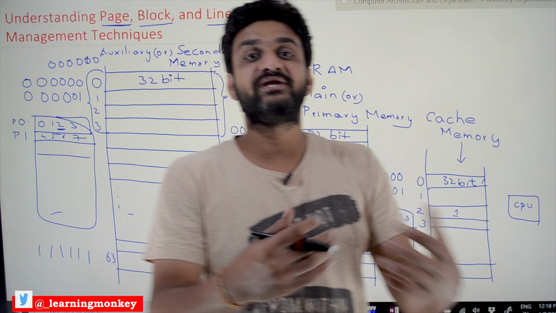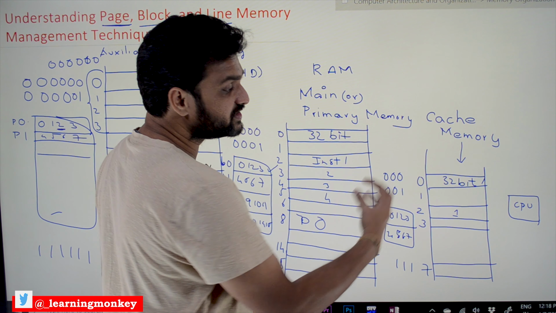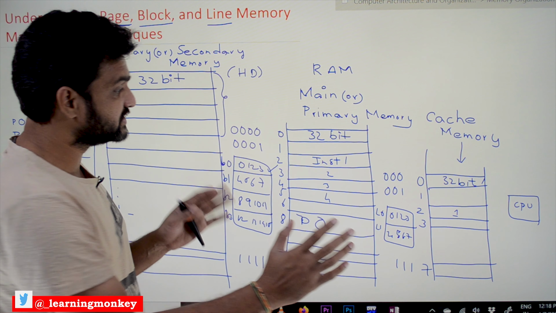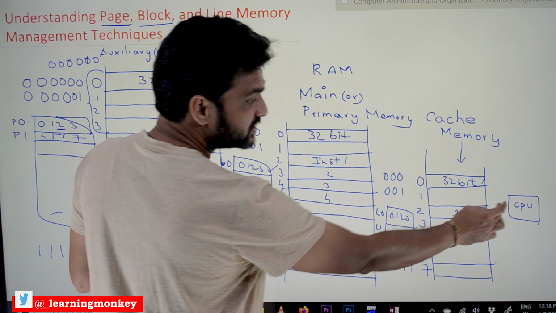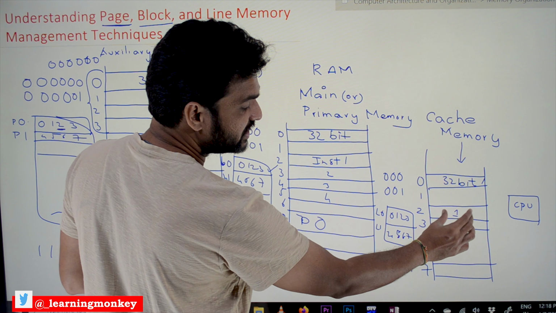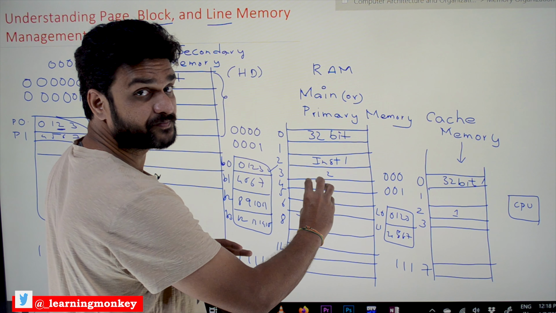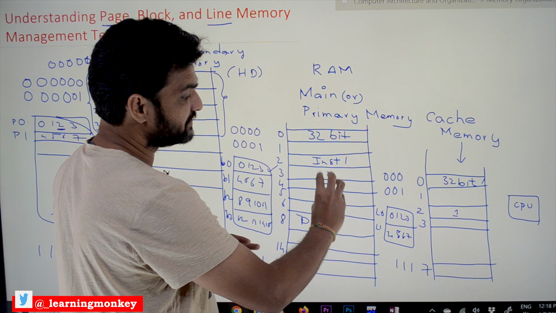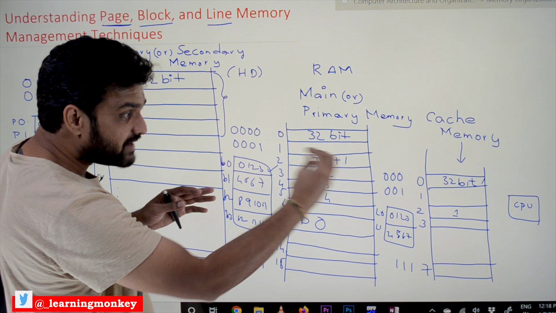In later classes, we will try to understand how the mapping of the memory transfer works. For example, if you try to access some memory location, the CPU will first check the cache memory. If it is not there, then it will go to main memory. If it is not there, then it will go to secondary memory. So how is this mapping done?